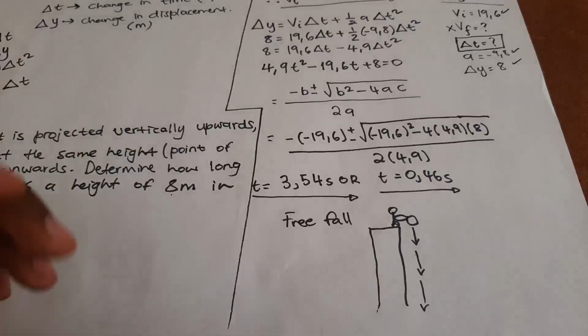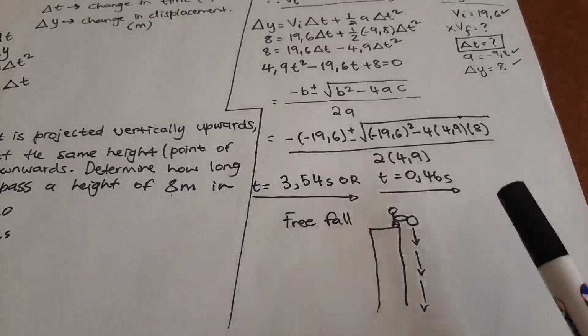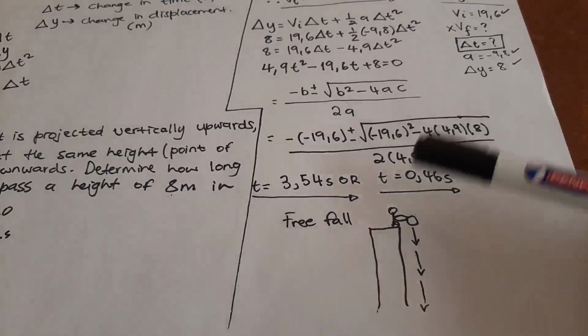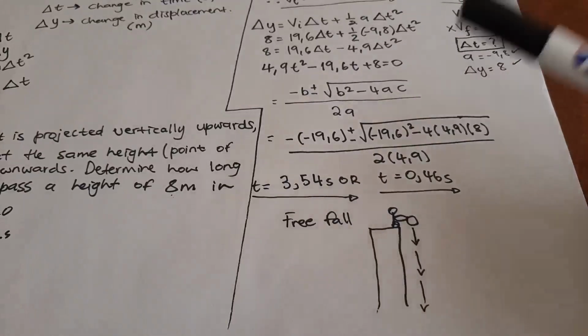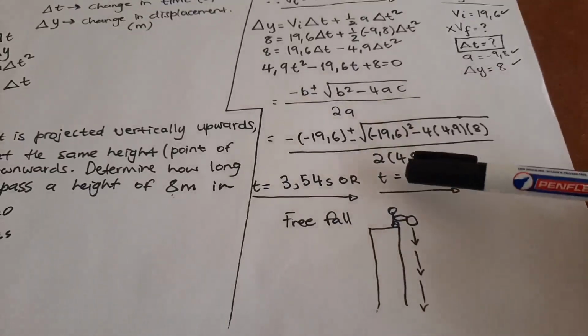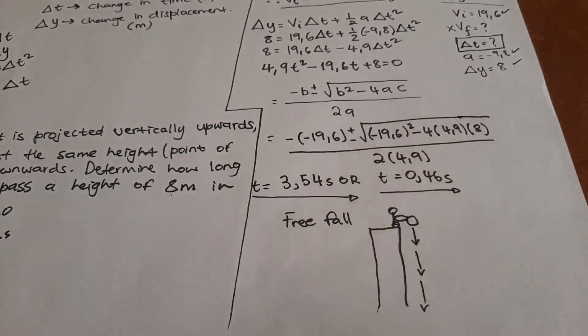That's our first example. And by the way, 0,46 seconds makes sense because it's less than the 2 seconds. Meaning that at 8 meters the ball has traveled for 0,46 seconds. Makes sense.